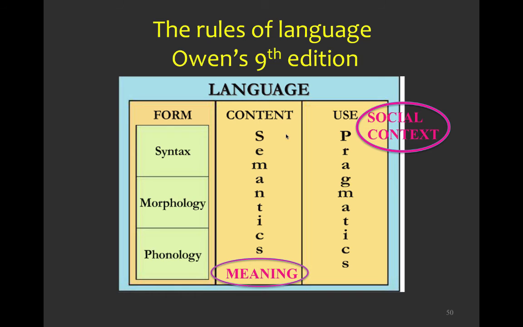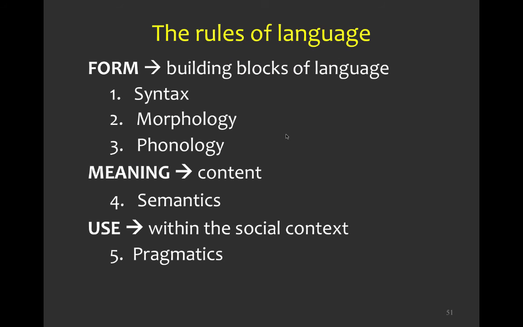We have rules of content or meaning, and these are the rules of semantics. And then we've got rules for language use within the social context, and these are our rules of pragmatics. And here again, the 5 language rules are represented under form of the language, meaning component for the language, and use component for the language.